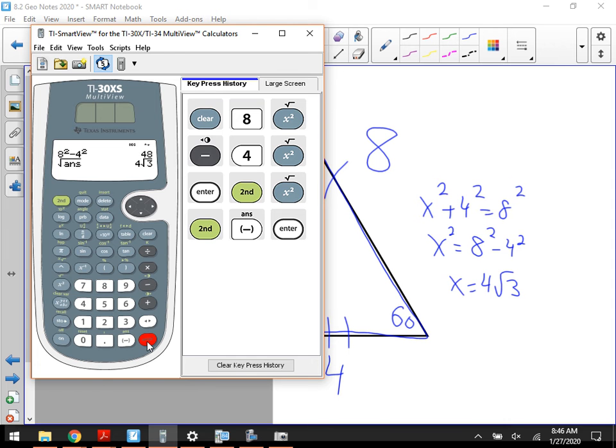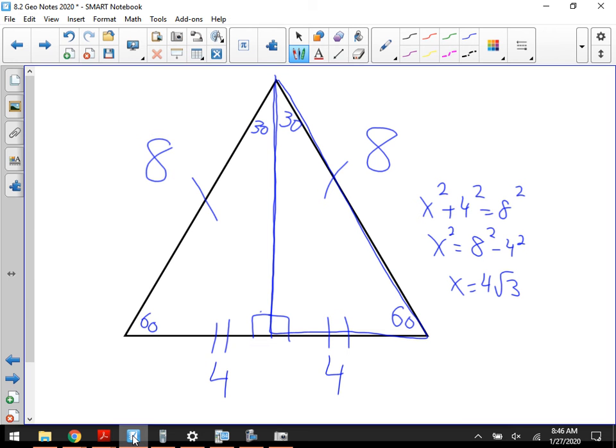All right. Now, let's say we change this just a little bit. Instead of having 8s, let's go 12. And then this would have to be 12, and then these would have to be how much? 6s, okay? Again, if I look at it, I'm still looking for a leg here, aren't I? So we basically set up the same problem with just different numbers. All right, watch what happens.